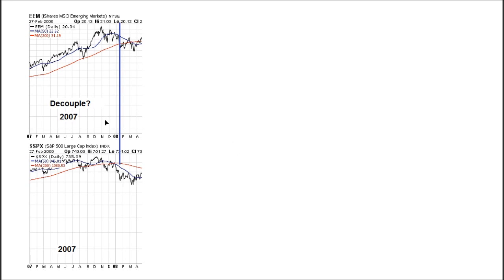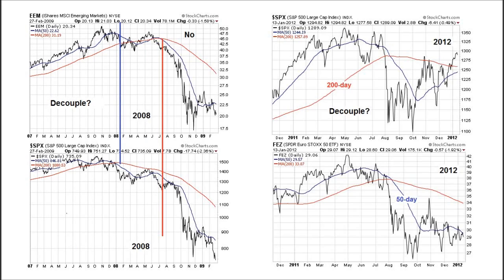So a fair question to ask in terms of learning from this experience would be, how did the decoupling theory work out, both economically, and how did investors do who bought into the decoupling theory right here in early 2008? The answer to that question is not very well. So we're looking at the same two charts here. We've just fast-forwarded a little bit.